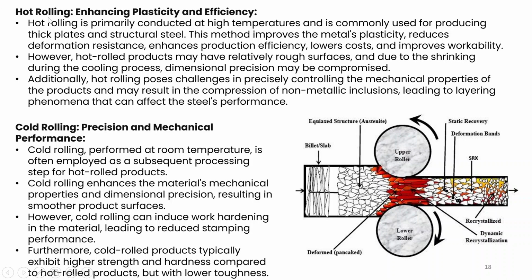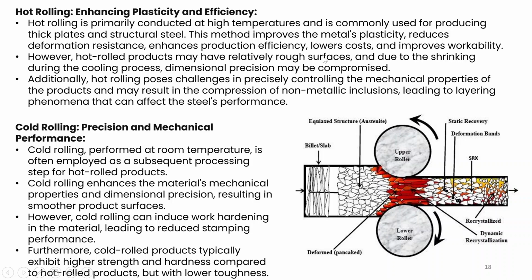So first is hot rolling. It enhances plasticity and efficiency. Hot rolling is primarily conducted at high temperatures and is commonly used for producing thick plates and structural steel. This method improves the metal's plasticity, reduces deformation resistance, and also enhances production efficiency.